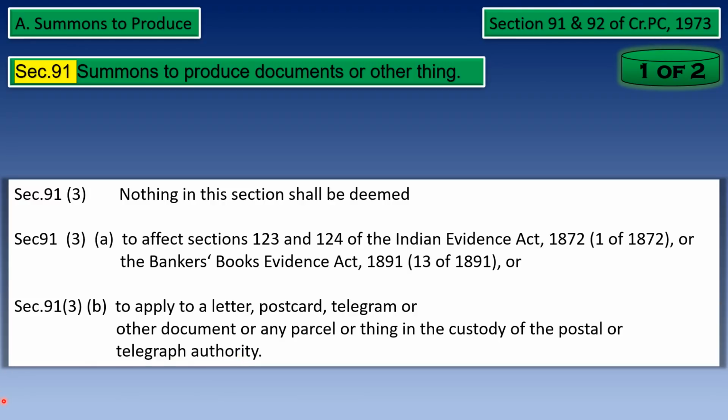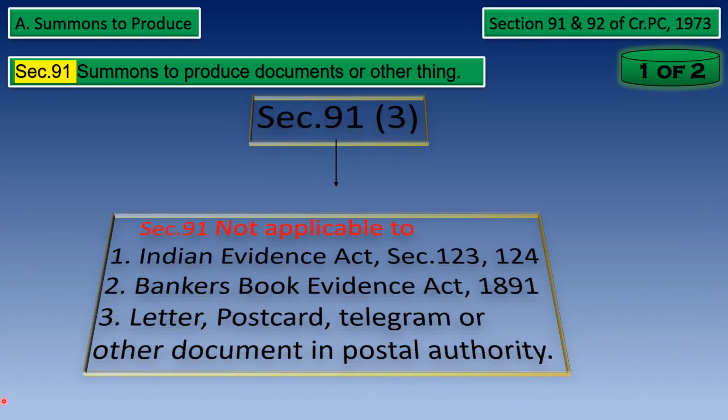So subsection 3 of section 91 is explaining that the provisions of this section will not be applicable to sections 123 and 124 of the Indian Evidence Act or the Banker's Book Evidence Act, and will also not be applicable to any letters, postcards, telegrams, or other documents and parcels which are in the custody of the postal or telegraph authority.